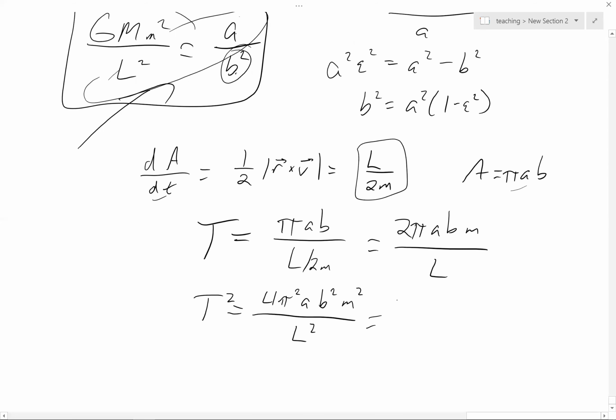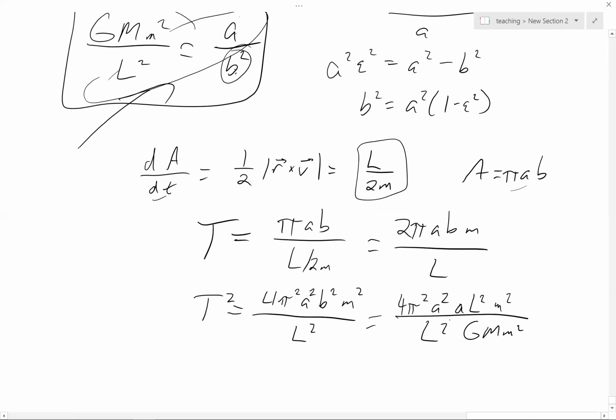So this is 4 pi squared a squared, and then my b squared is a L squared over GMm squared, and then I still have the L squared in the bottom.